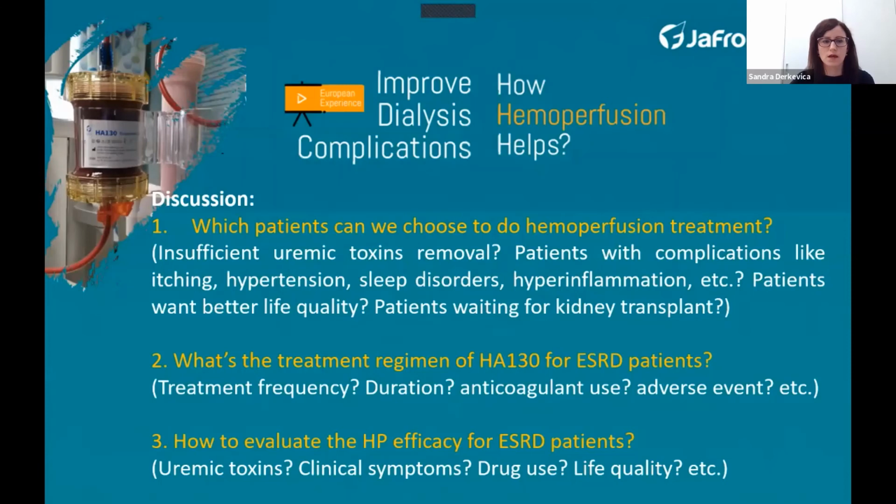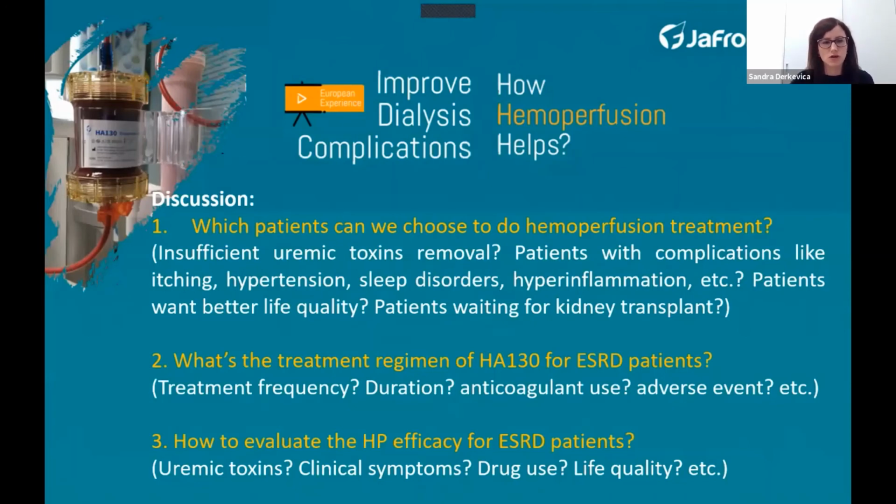So for now we have intensified, and we are hoping that those effects will be better. About duration, there was an effect even with 2-hour hemoperfusion over a longer period of 6 months. So I think there should be more observations and comparisons between different groups to reach other conclusions.